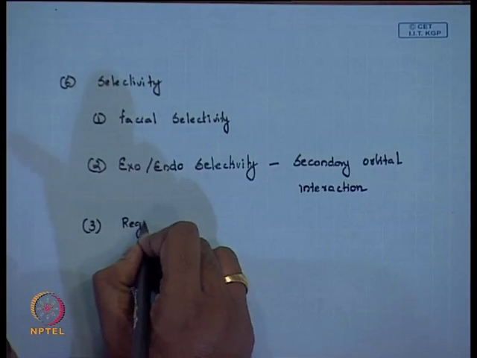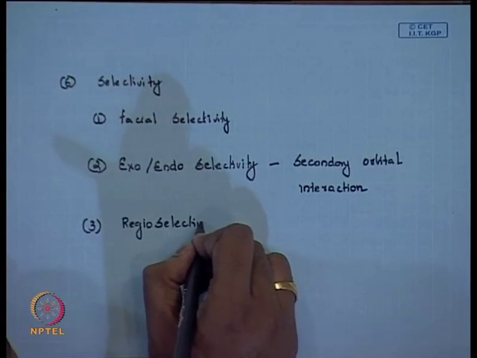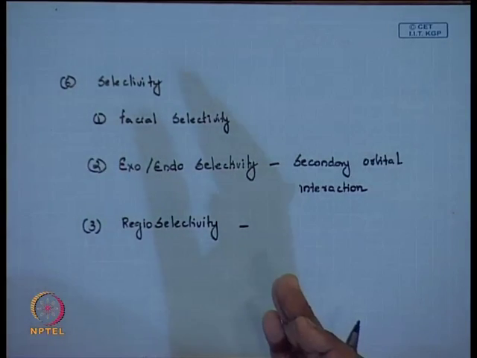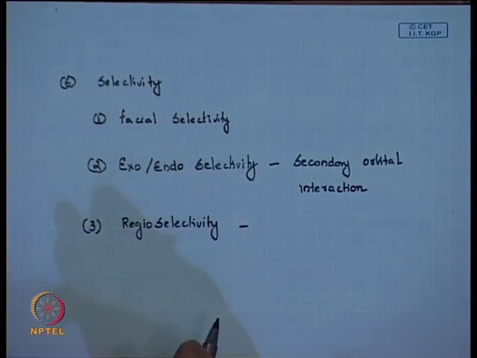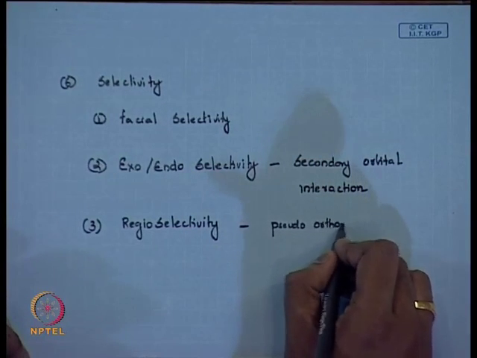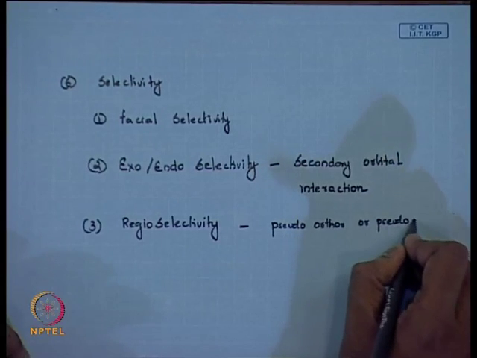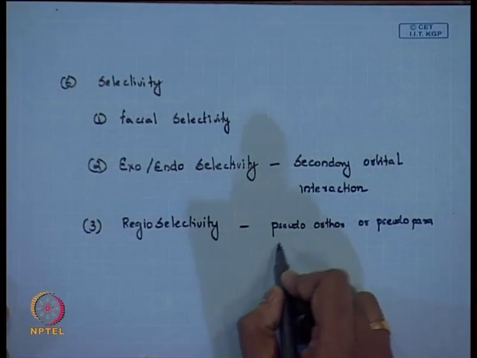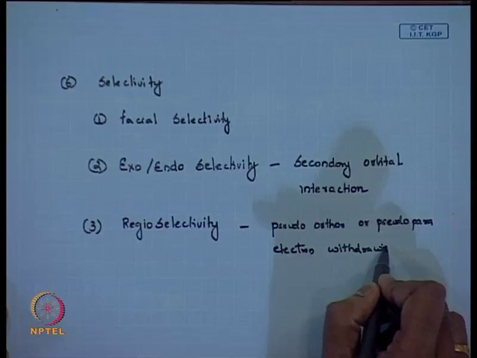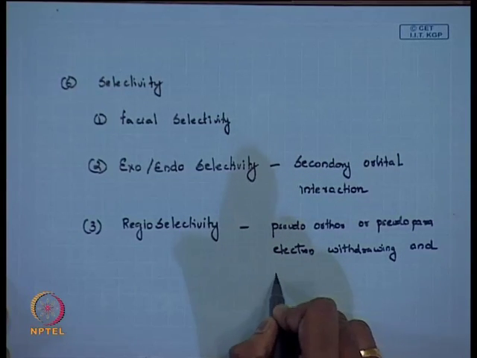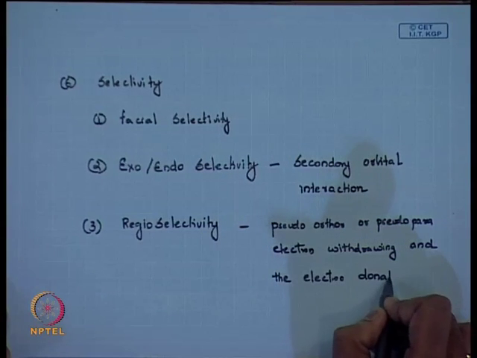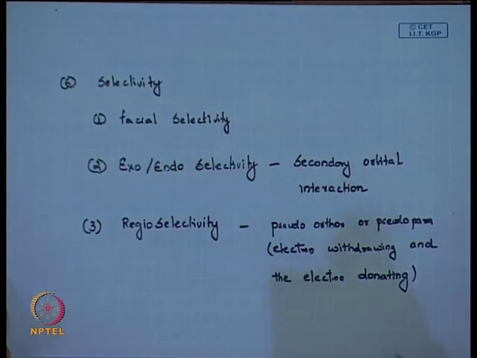Then we went to regioselectivity, and we talked about how the electron withdrawing and the electron donating substituents in the product should be either pseudo ortho or pseudo para in position.